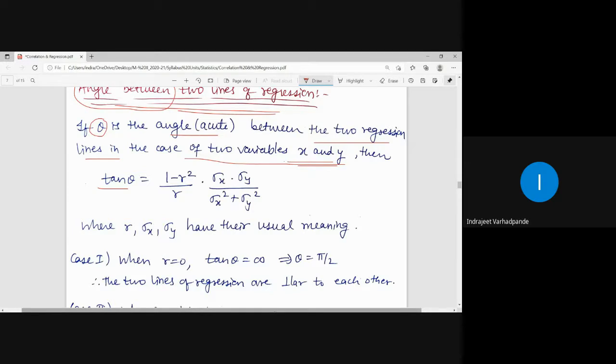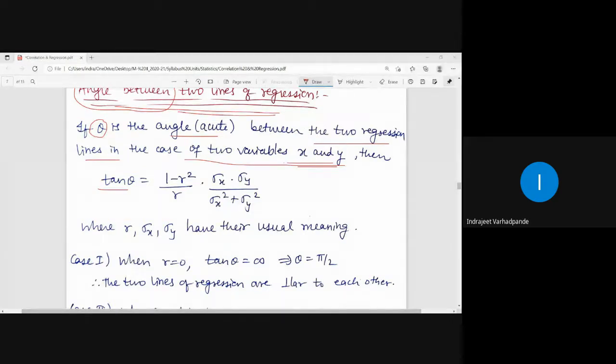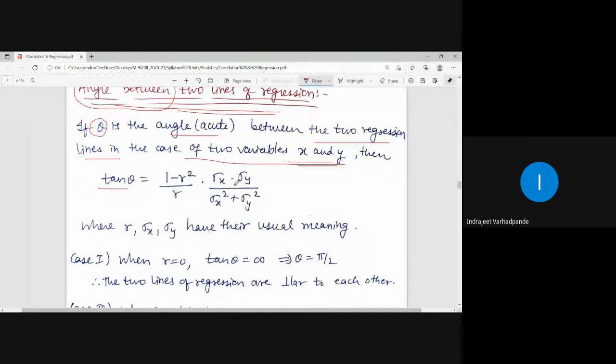What do you understand by usual meaning? r represents the correlation coefficient, sigma x represents the standard deviation for the variable x, sigma y represents the standard deviation for the variable y. So accordingly we will be having the usual meaning for the notation sigma x, sigma y.